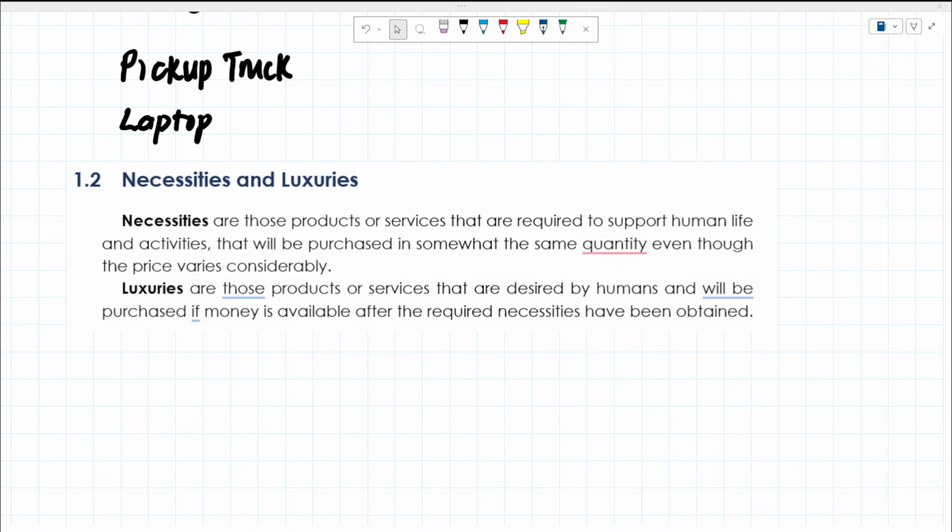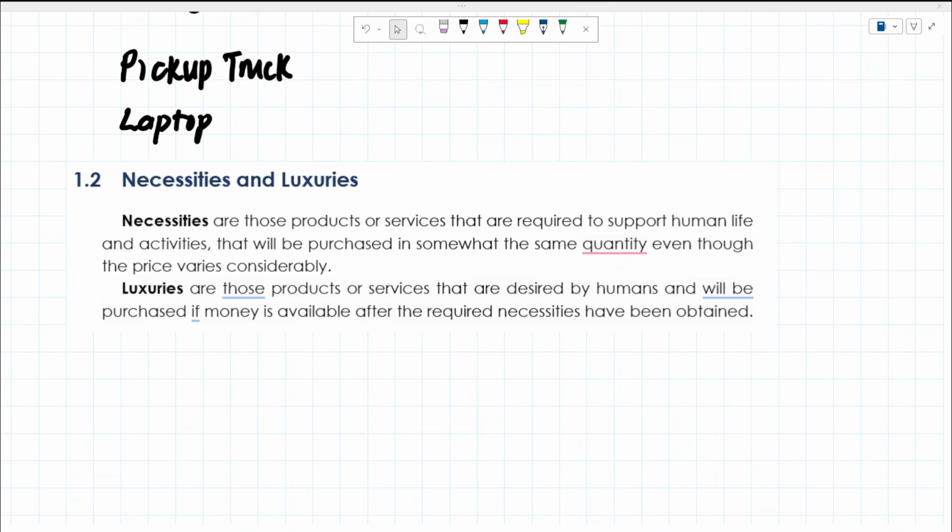Also, for example, in purchasing a pickup truck. So, di pa tayo naka-move on sa laptop tsaka pickup truck kanina. If you're just using it as a form of social status, or let's say panggala lang sa mall, for leisure, travel, we'll call it a luxury, right?